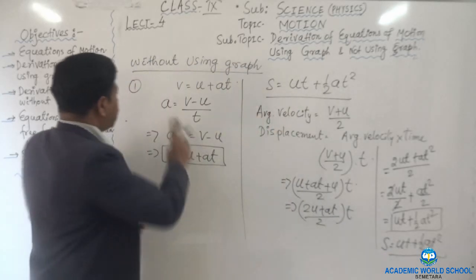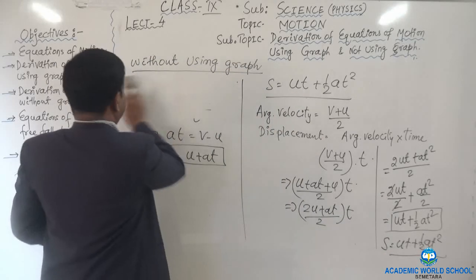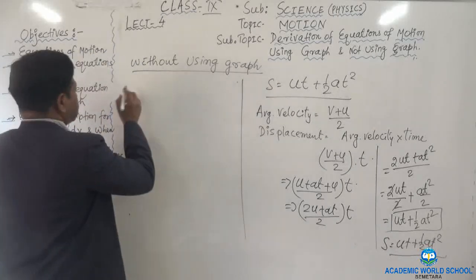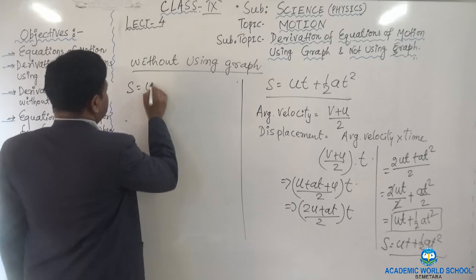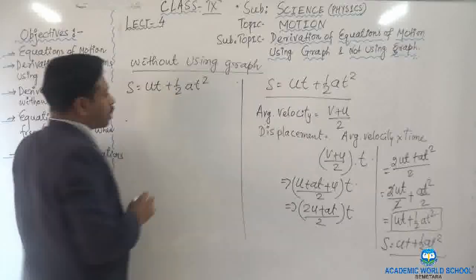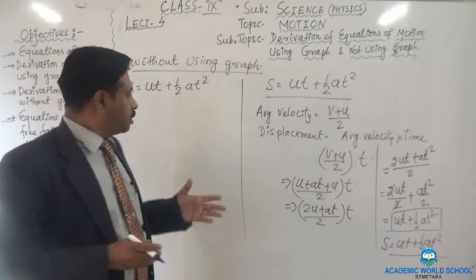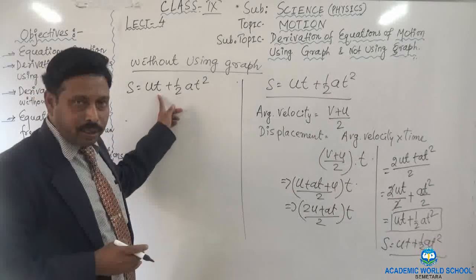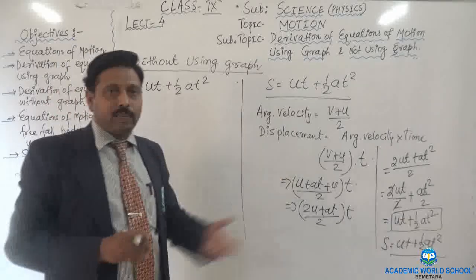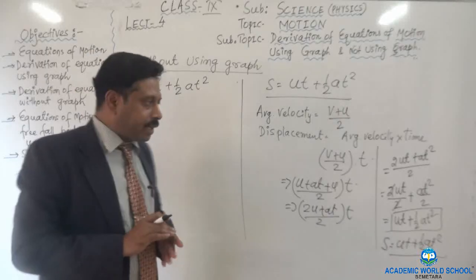Okay, so let me write down the second equation because I have to start from there only. The second equation is s equals ut plus half at square. If you remember, I have to put the value of t, (v minus u) upon a, that I got from v equal to u plus at.